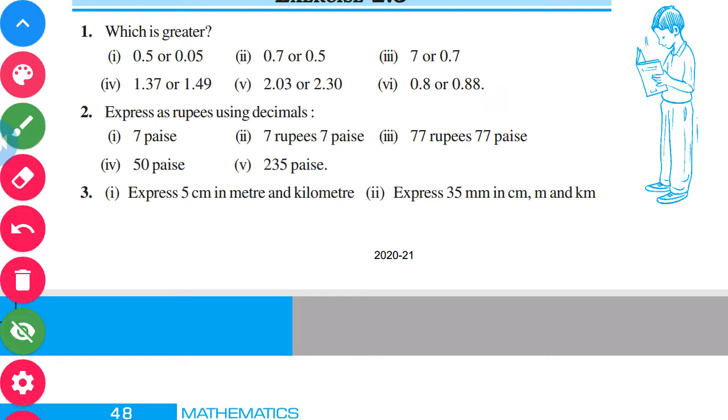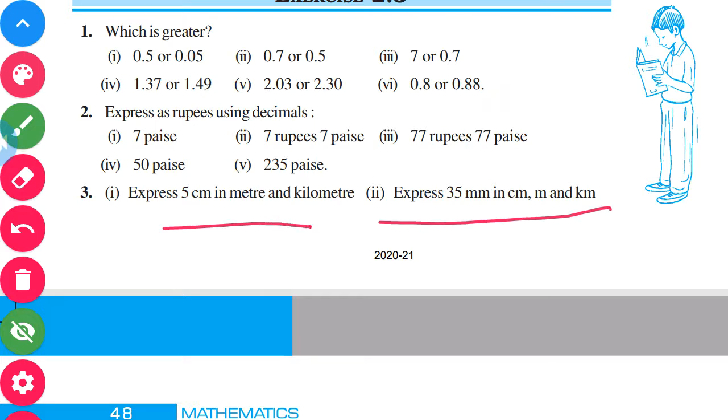Similarly, the third one now, if you just see, express 35 mm in centimeters, meters and kilometers. For this, children, you have to have an idea of conversion of units. That also we have studied in class 6th, if you remember. But still, I will show you how to do this part here.